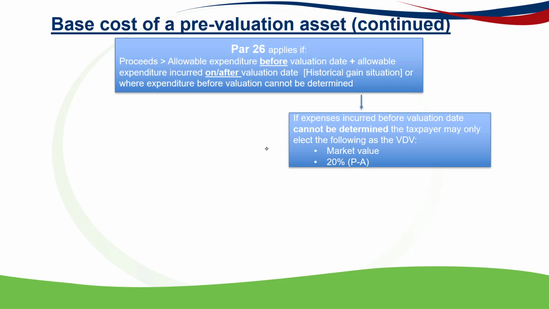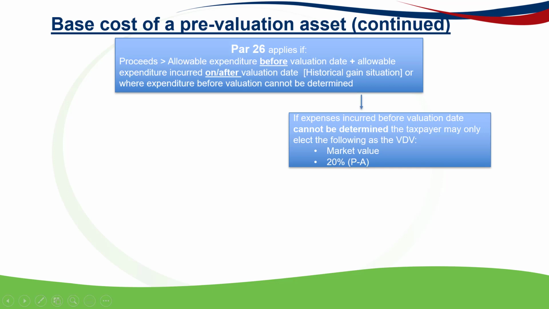So where a taxpayer cannot determine the expenditure incurred before the valuation date value, they have two options: to either use the market value or 20% of the proceeds less allowable expenditure. So they will select any of these two options depending on which is favorable for them.